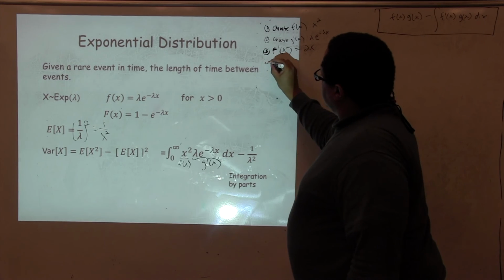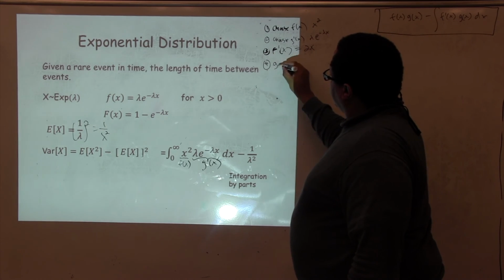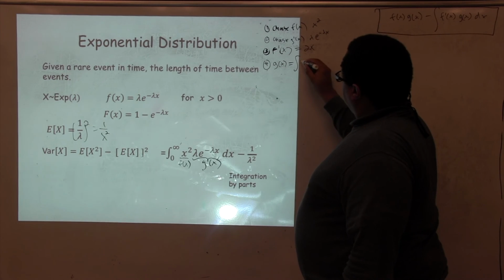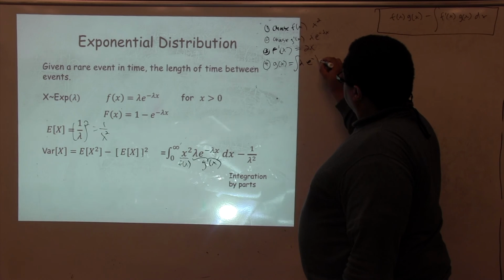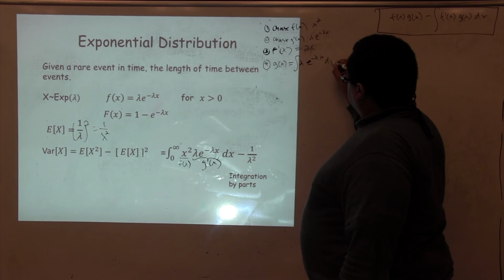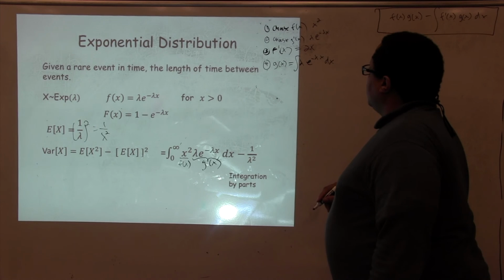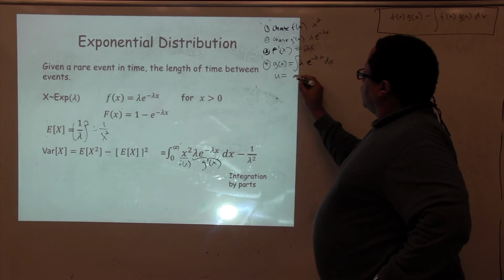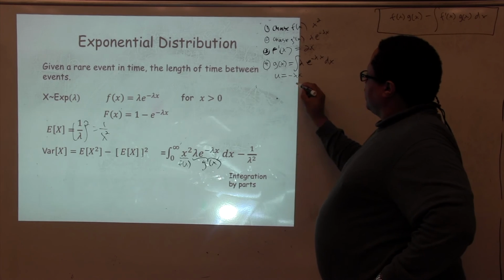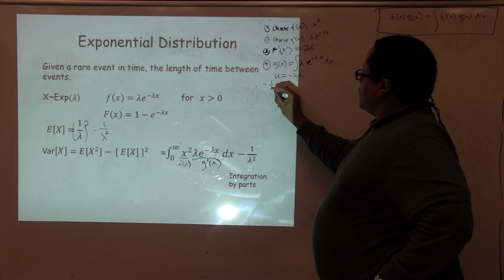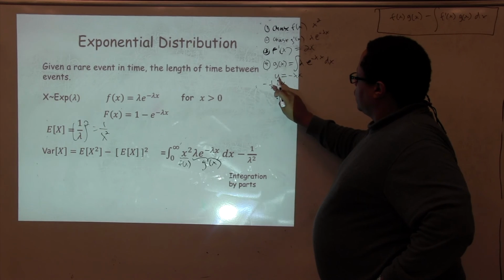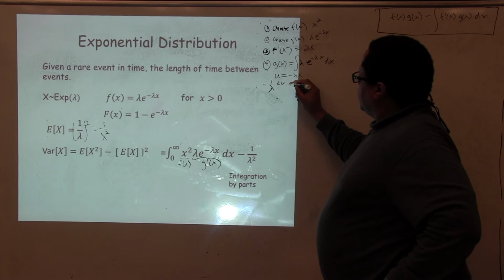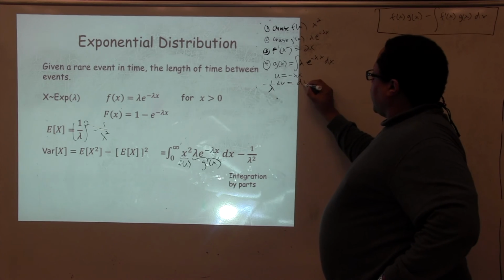And then the fourth step, we're going to compute our g of x, which is just the integral of lambda e to the minus lambda x dx. Now, of course, we can make a u substitution here. If we let u equal minus lambda x, we get minus 1 over lambda du equal to dx.